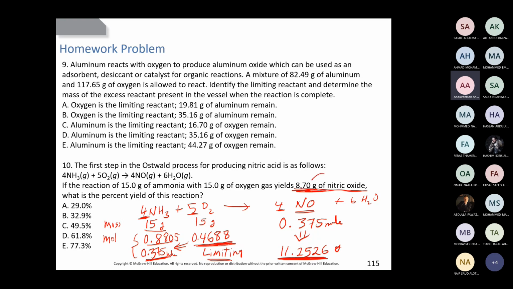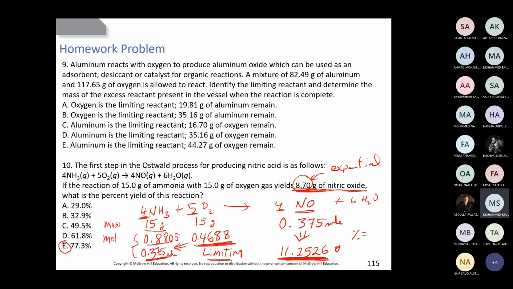What's this 8.7? The actual, or experimental, exactly. So what's the percent yield? Divide 8.7 by 11.2526 times 100, which is 77.315. Who got the same answer?